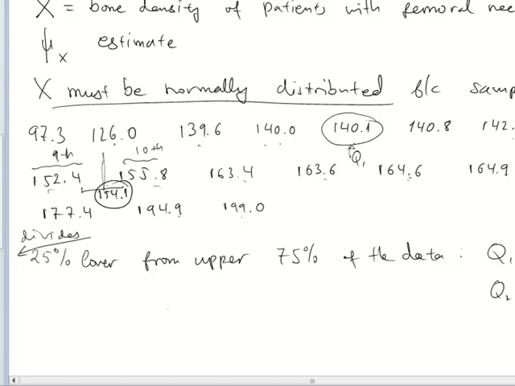And likewise, if you take the third quartile, this is 164.9, because if you take this number here, you see that you have 1, 2, 3, 4, and on the right of this point, you have 1, 2, 3, 4. Therefore, this is the third quartile here.